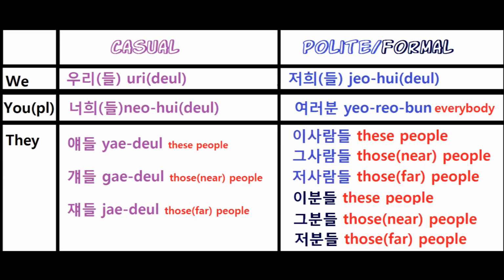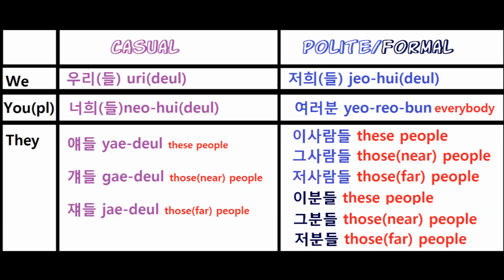The casual version of we is 우리 or 우리도. The polite/formal we is 저희 or 저희도. The casual plural you is 너희 or 너희도. The polite/formal plural you does not exist, so instead you can say everybody, 여러분. To say they, you say these people or those people nearby or those people far away.